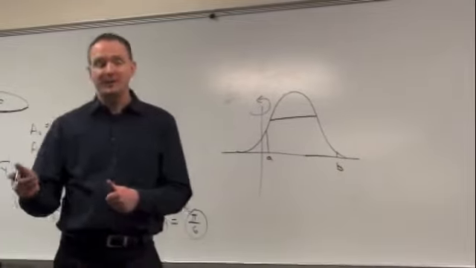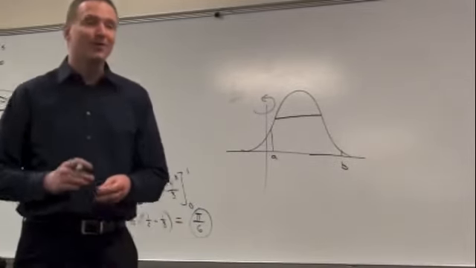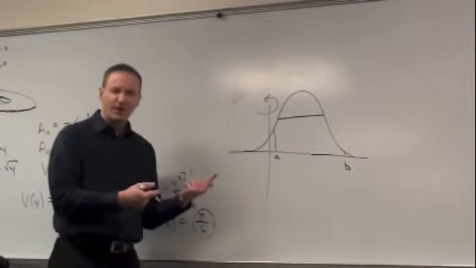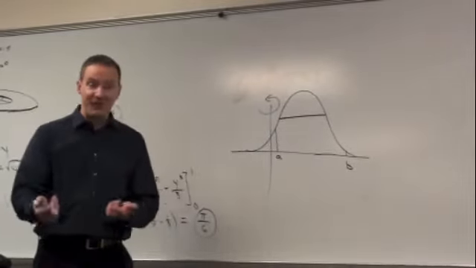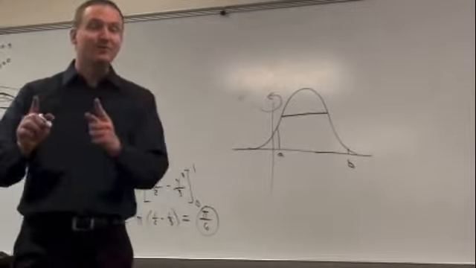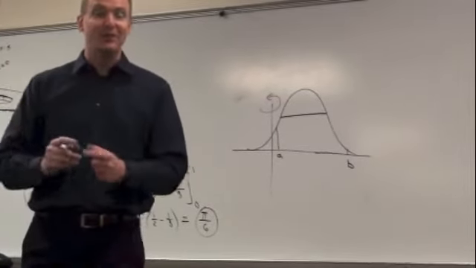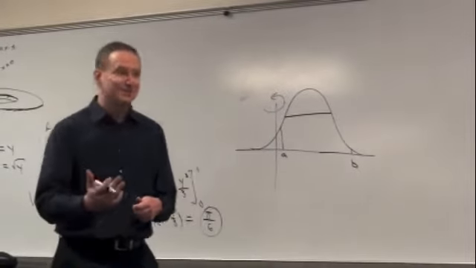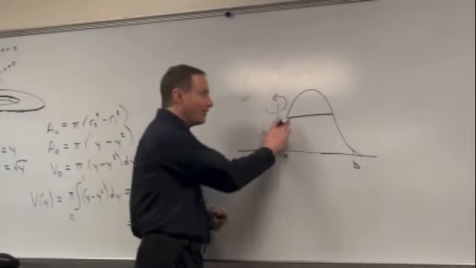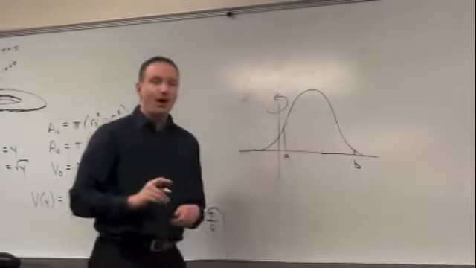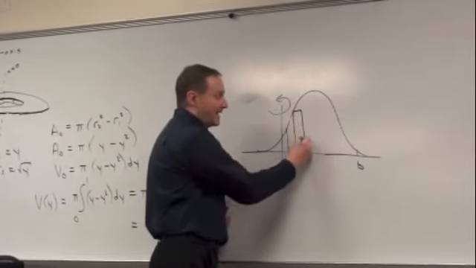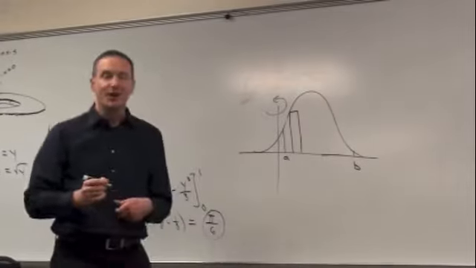And I'll just go ahead and give you a preview. What we're going to be seeing next week is, when the washer method fails, we use what's called the cylindrical shells method, and everyone hates it. What is the cylindrical shells method? It says, okay, instead of doing the washer method, put infinitely many rectangles within this region.